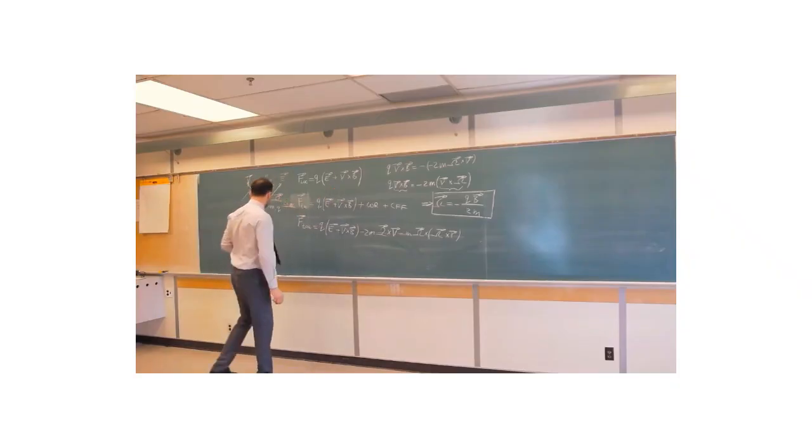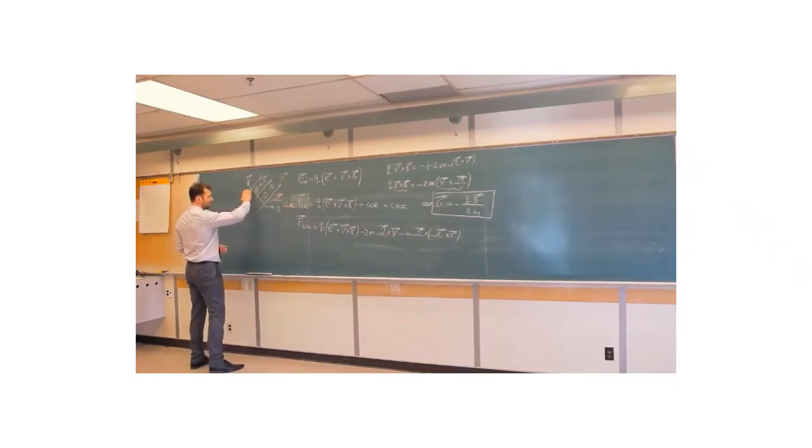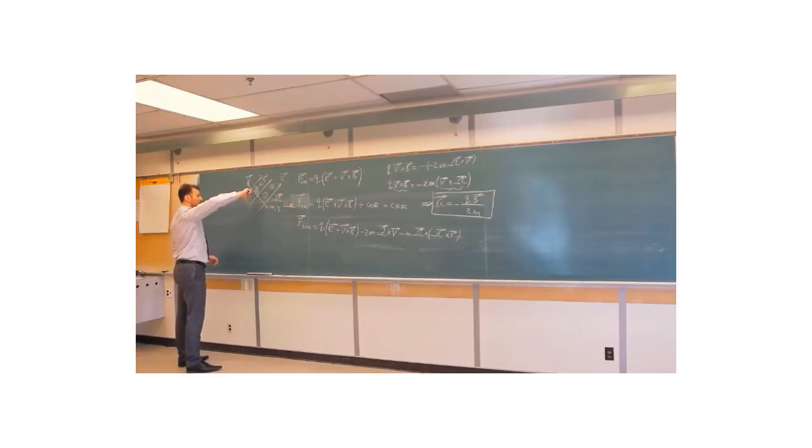Now, let's see if that makes sense. V cross B. B is into the page. V cross B, my thumb is pointing in this direction. So that would be the direction of magnetic force, to the left of this motion.